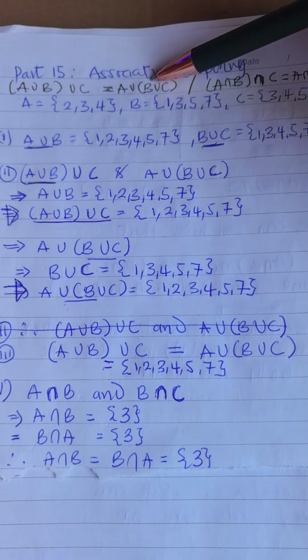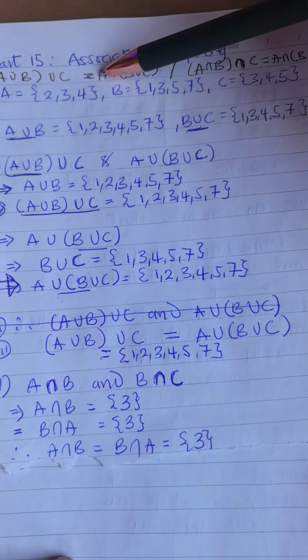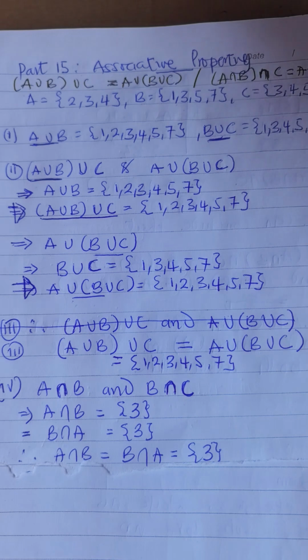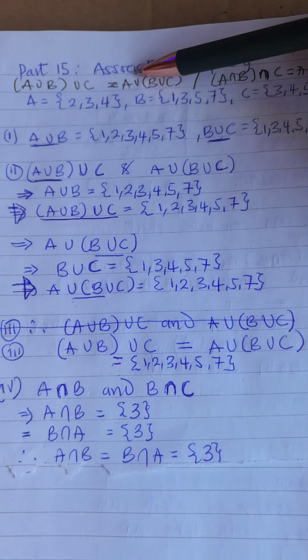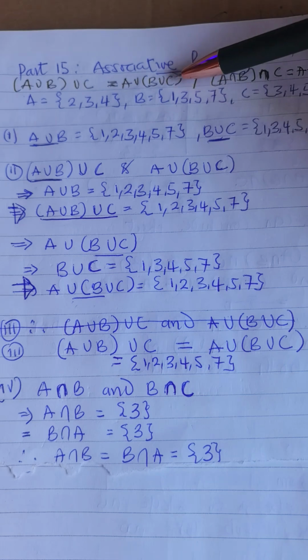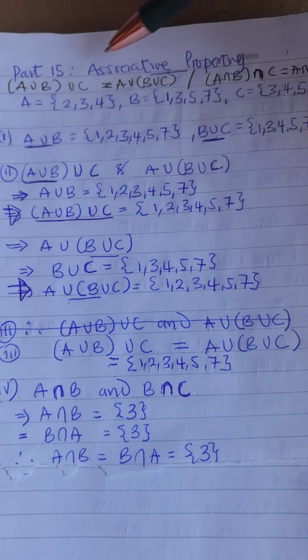Now, the other side says this whole thing is equal to A union, in brackets, B union C. This is equal to that.